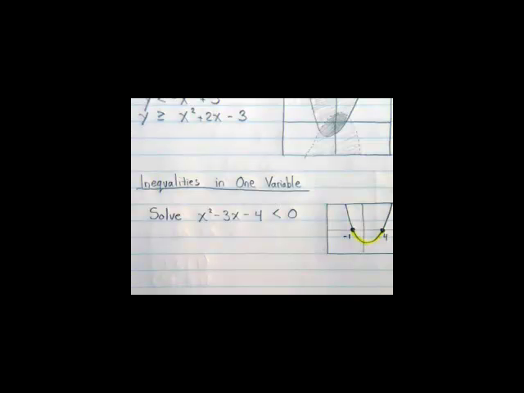You guys know what I mean when I say interval? From here to here. It's not just one number. It's not just two numbers. It's a whole bunch of numbers, but it's between these two. Okay? It's between -1 and 4. So you have to write your answer as an interval. Well, how do you do that? Well, you've done this before, believe it or not.